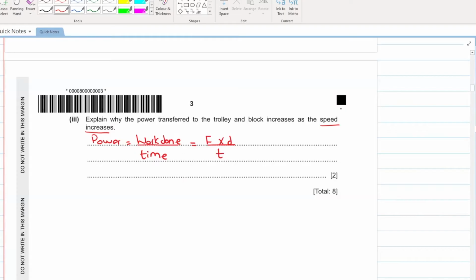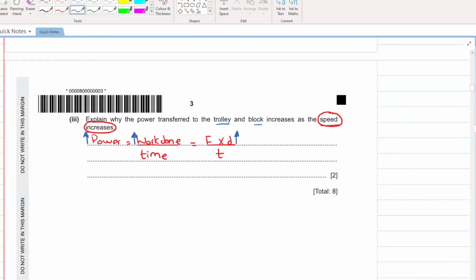Realize this. If you increase the speed, what will happen? If you increase the speed of the trolley and the block, the distance covered in 1 second will increase. If the distance increases, it causes the work done to increase, hence the power increases.